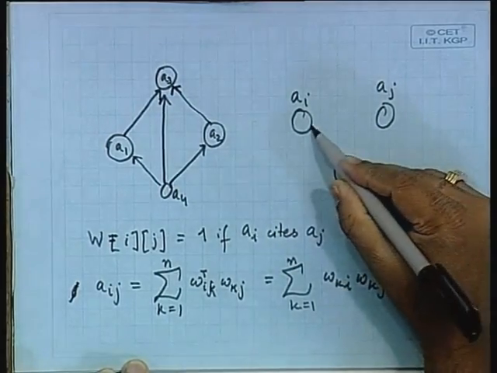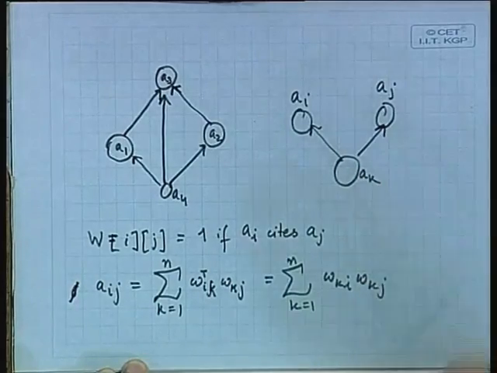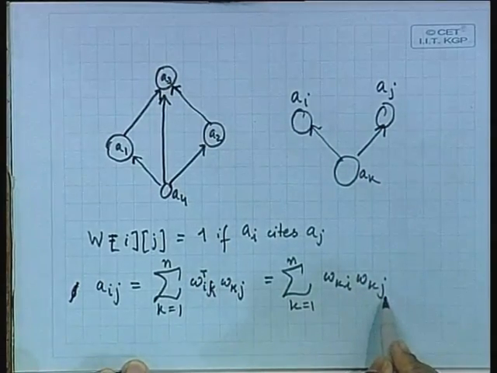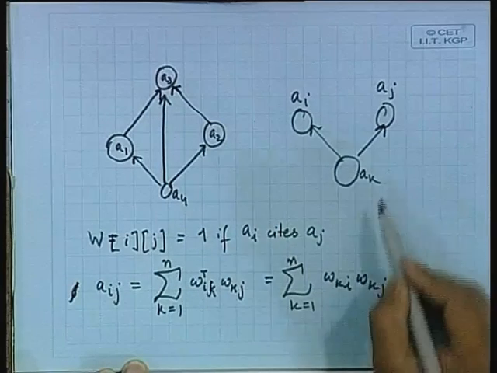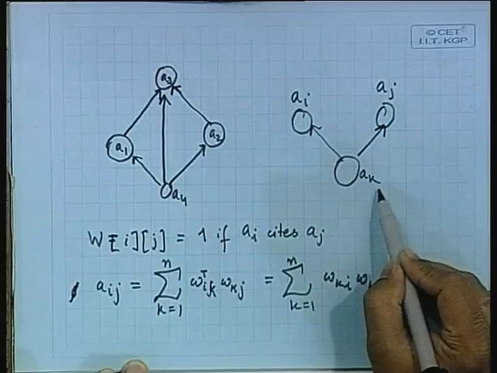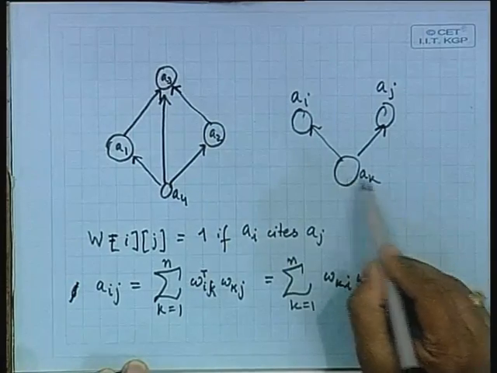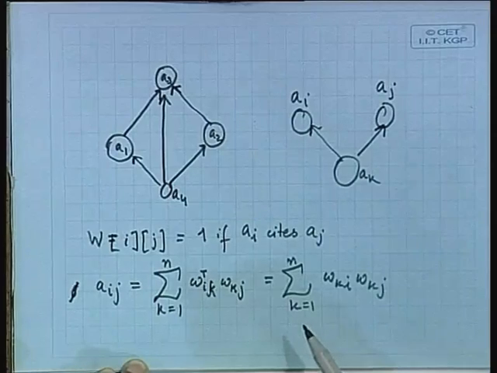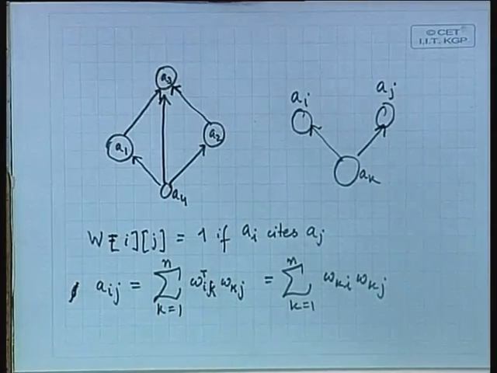K should cite i as well as k should cite j, then Wki is 1 as well as Wkj is 1. So basically it counts how many such k's there are in the network. It counts the number of articles which cite both i and j. How many articles are there where both i and j are cited.